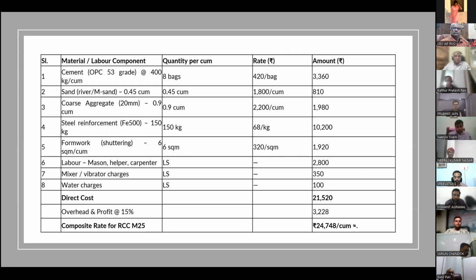So here in analysis of rate, you have to consider quantities of the materials as well as quantities of the labor. So you must know how these quantities are calculated.